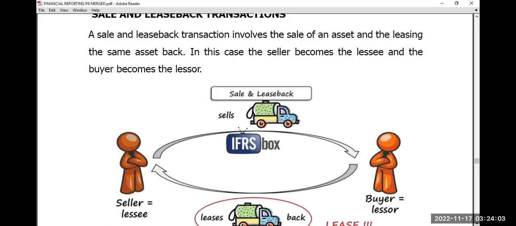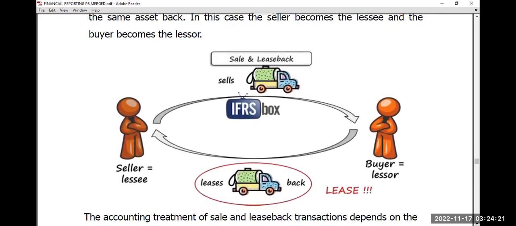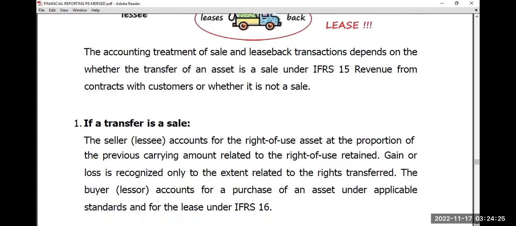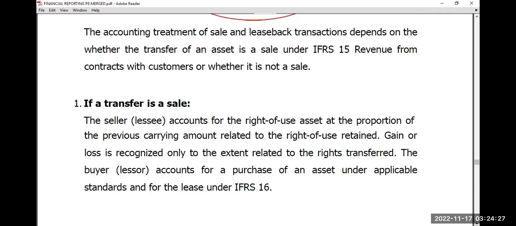So we are saying that a sale and leaseback transaction involves a sale of an asset and leasing the same asset back. In this case, the seller becomes the lessee and the buyer becomes the lessor, as we discussed. What I'm more interested in is how you are going to account for them.